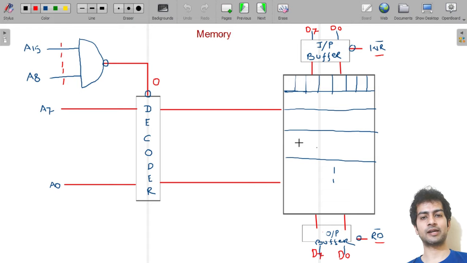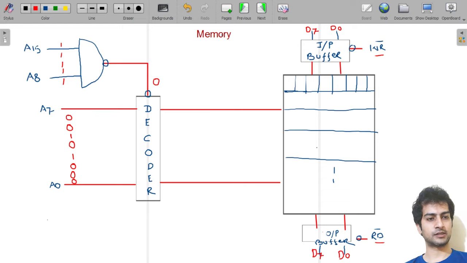Now how will we select address lines? Let's discuss here. Suppose we have A7 to A0 with some bits like this. What will be the role of the decoder? The decoder will convert it into its binary equivalent.